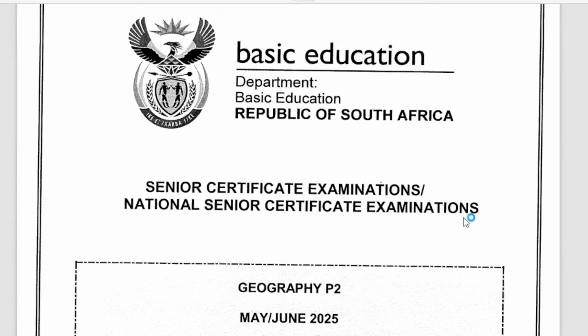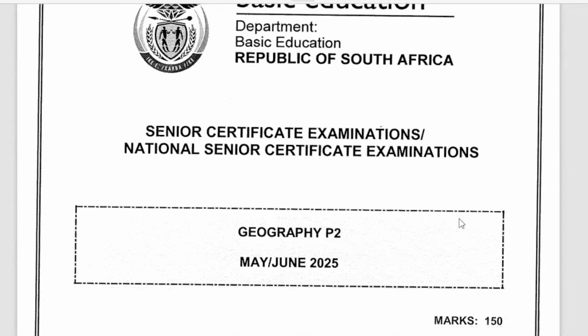And as usual, our Geography Paper 2 still has the same format. It comprises 3 questions. Question number 1, which is settlement geography, and question number 2, economic geography of South Africa. Then question number 3 is geographical skills and techniques, which is our map work out of 30.